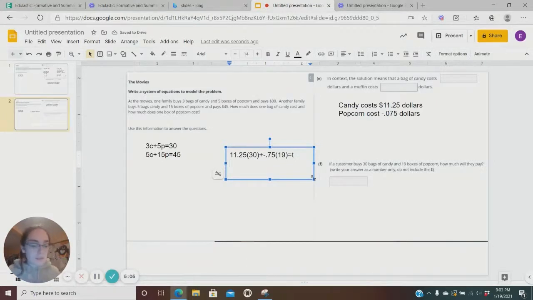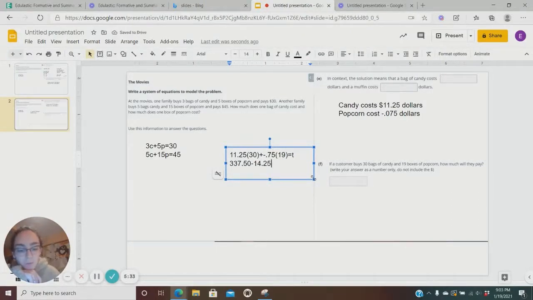This equals 11.25 times 30, which is $337.50, plus negative, or we could say minus, 0.75 times 19, which gets 14.25.